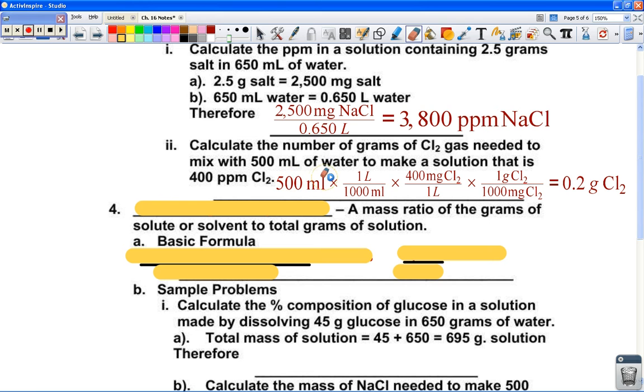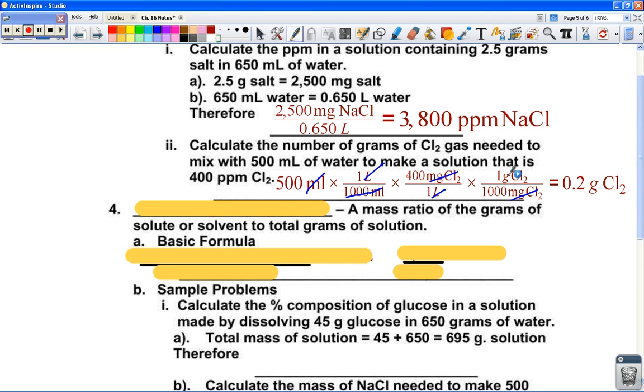500 mils of water, where we know that 1,000 mils of water equals 1 liter. And 1 liter is 400 milligrams of Cl2 from over here. Remember, this is milligrams per liter. And 1,000 milligrams equals 1 gram.